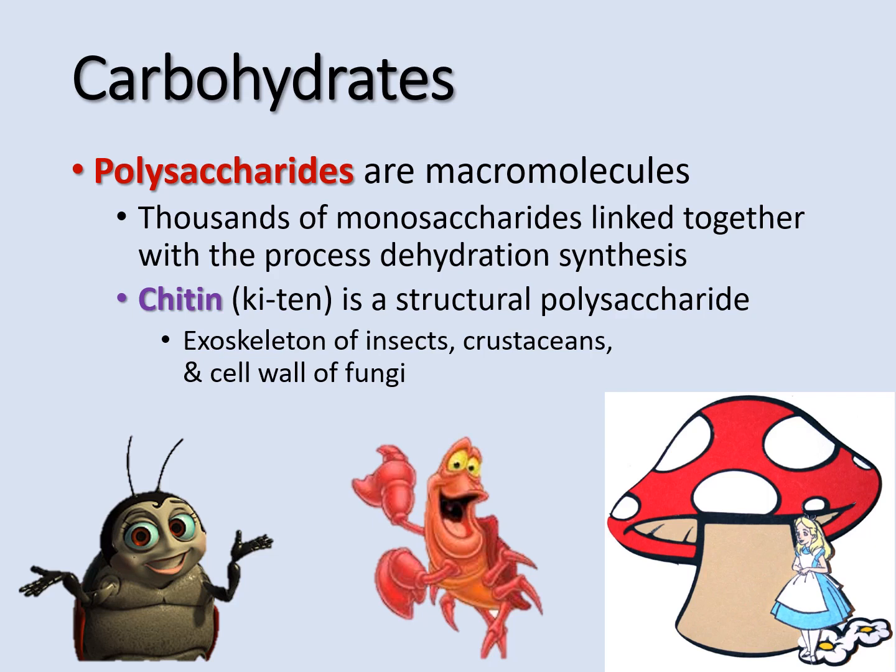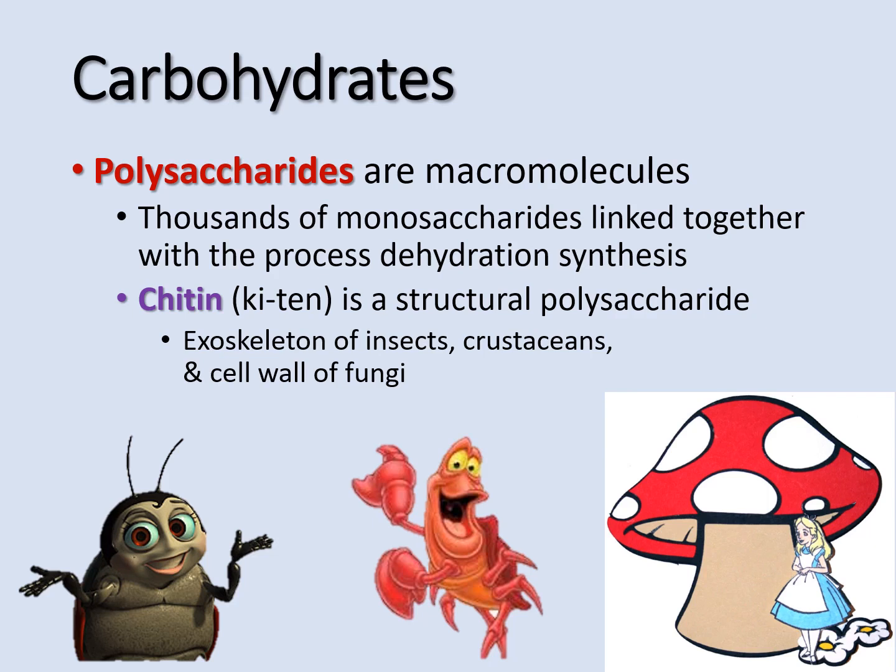Now we have another polysaccharide that many people don't even think about or know about, and that's chitin. It's a structural polysaccharide as well, just like cellulose is a structural component for plant cells.